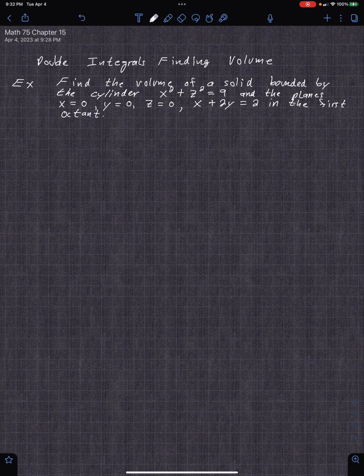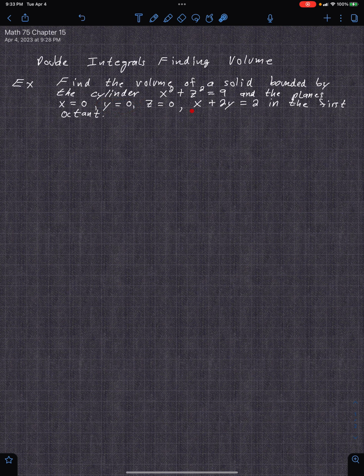Okay, so that's the description, and we want to interpret, first of all, these. That's basically saying the first octant. So it's bounded by, when you see x equals 0, that's the yz plane, xz plane, and xy plane.